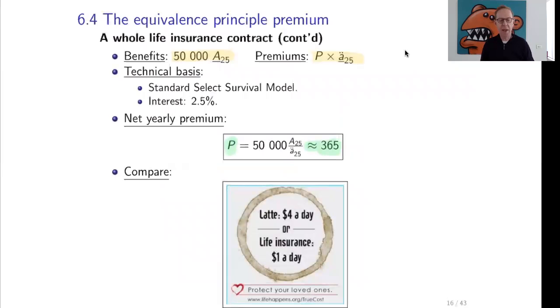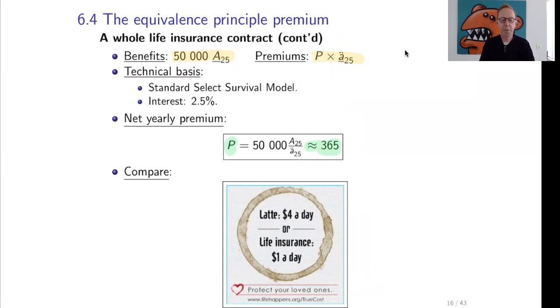Let us now have a simple example. Consider you're 25 years old and you want an insurance contract that pays 50,000 at the end of the year of your death, and you pay premiums P times ä_25. So you pay lifelong premiums from age 25 on.